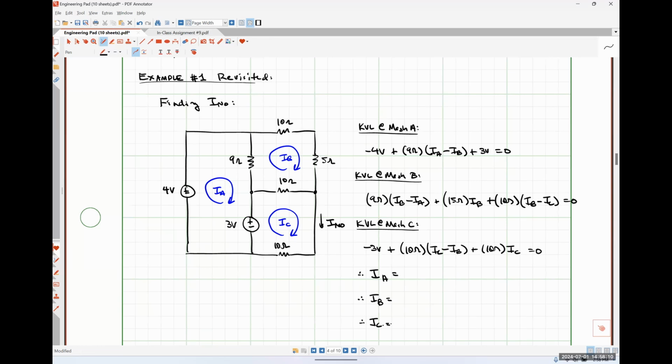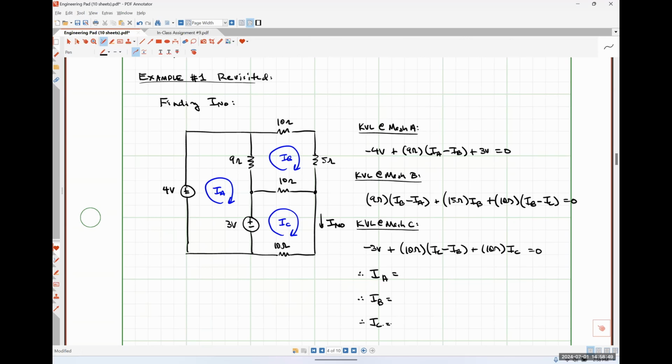So going into system solver, we now have a 3 equation, 3 unknown system. So in my first equation, my coefficient for IA is +9. My coefficient for IB is -9. My coefficient for IC is 0. And my constant term is going to look like +1. In my second equation, my coefficient for IA is -9. My coefficient for IB is +9 plus 15 plus 10. My coefficient for IC is -10, and my constant term is 0.